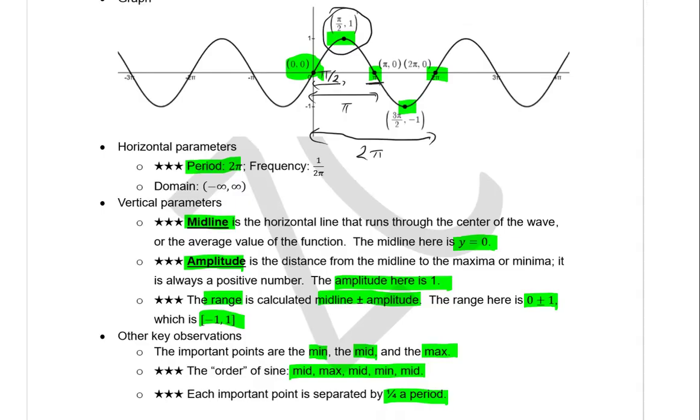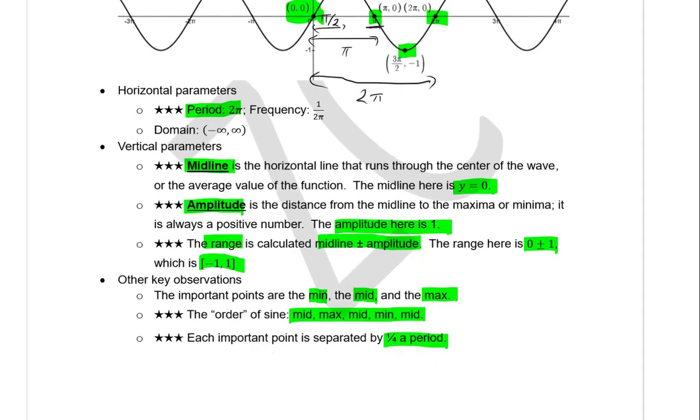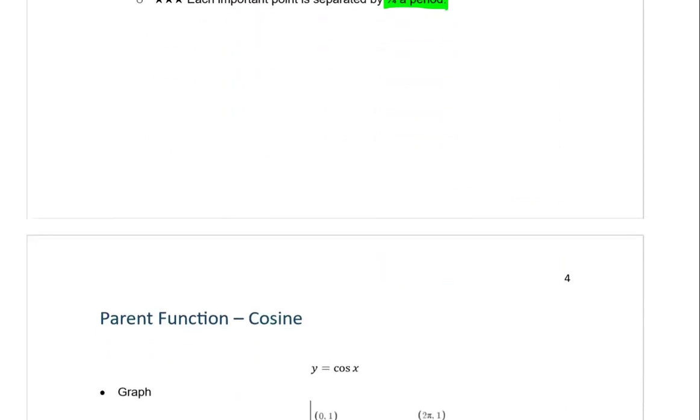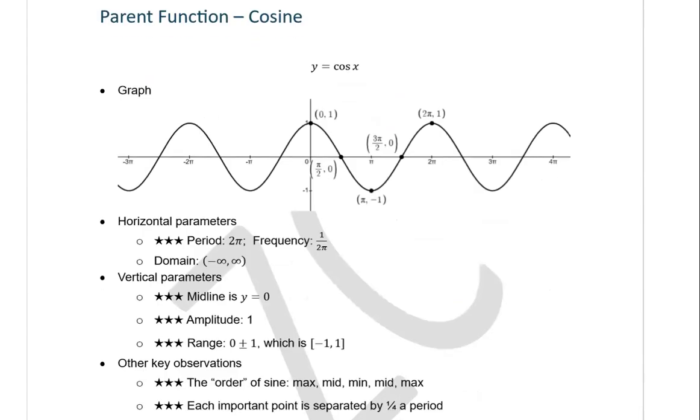And how much is pi over 2 versus 2 pi? That's a fourth. Okay, so this is the parent function, but it works for all transformed versions. Each max, mid, min are separated by a quarter of a period. Very important, okay? That's how we quickly graph the sinusoids, transformed versions, all right?